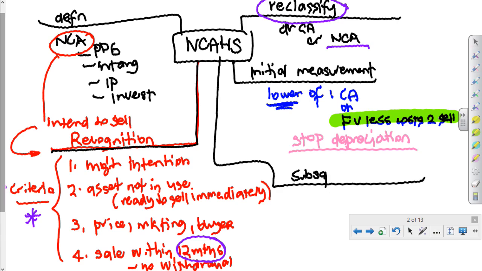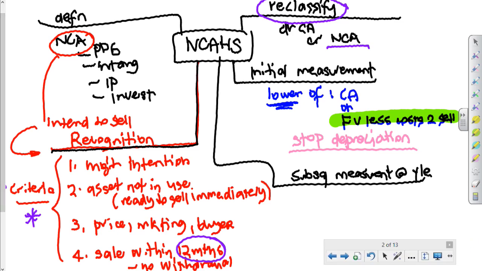Subsequent measurement will happen at year end. So it could be that I have a PPE item that halfway through the year met the criteria. So what do I need to do? I need to depreciate it up to that point, then I need to transfer it, and then I need to remeasure it. Step 1, 2, 3.